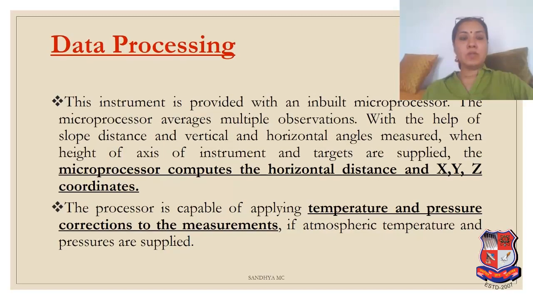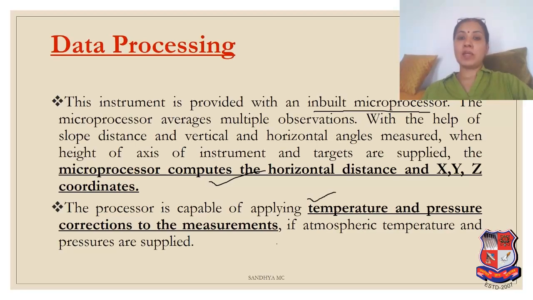Now we'll see how the data is processed. The instrument is provided with an inbuilt microprocessor. The microprocessor averages multiple observations of slope distance, vertical and horizontal angles, measured when the height of the axis of the instrument and the target are supplied. The microprocessor computes automatically the distances, angles and the coordinates. The processor is also capable of applying temperature and pressure corrections to the measurements.